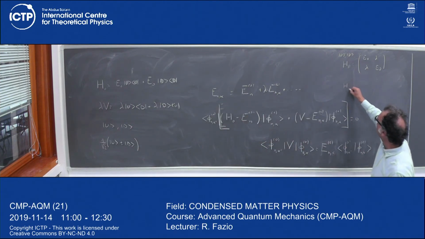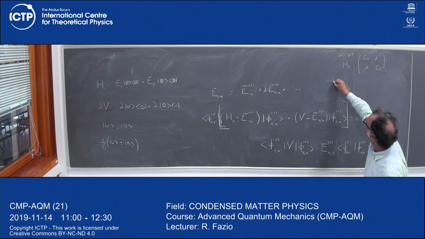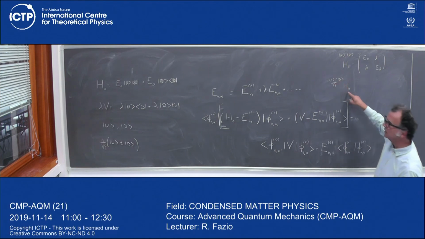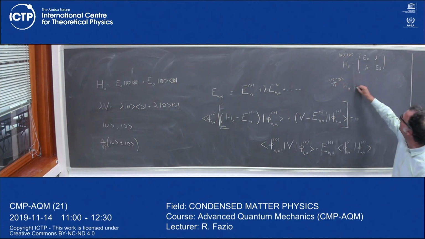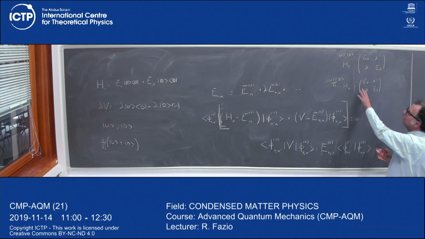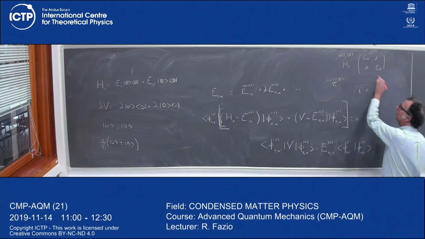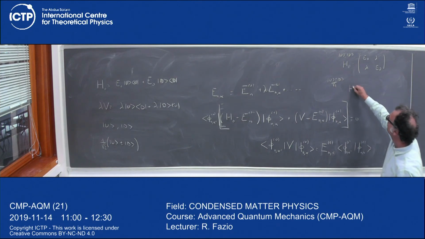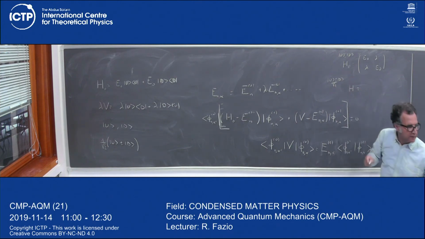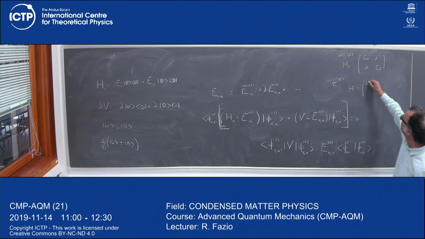Now if I write this using up plus down and up minus down as the basis, H0 will always be E0, E0. So H0 does not change, whatever basis you choose. But now you write H. You do it, and then you will find that this is E0 plus lambda, E0 minus lambda, 0, 0.